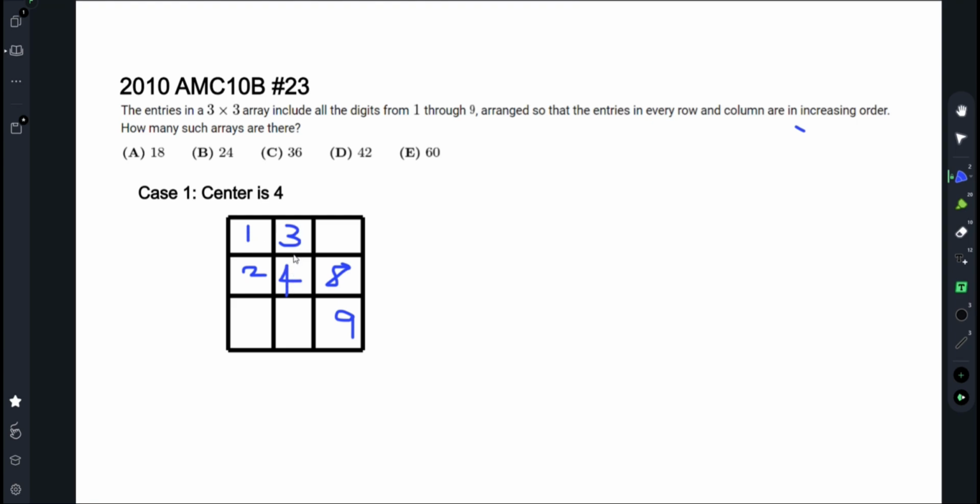So if 3 is here, then there's 3 choices for here, and then there'll be one choice here, because we have 5, 6, and 7 left. If we choose 7 here, then there's only one way to arrange these, because there's always one number that's bigger than the other. So this is 3 choices. So 3 times 4, which is 12. 12 ways.